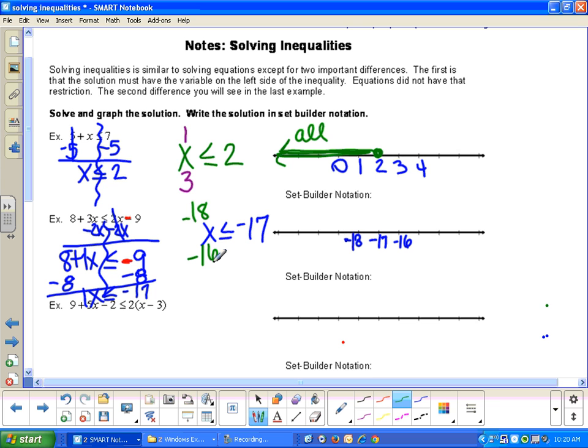Because good, we want to go that way. If that confused you, think about if you turn your number line up this way, you have a temperature gauge. The farther you go down in negative numbers, the numbers look like they're getting bigger, but with the negative in front of them, they're actually getting smaller. So we want a closed circle on negative 17, and this is the one that we want to go toward. So we want to go smaller.